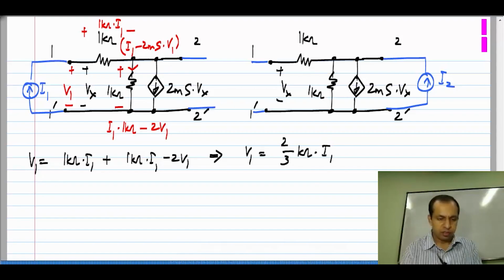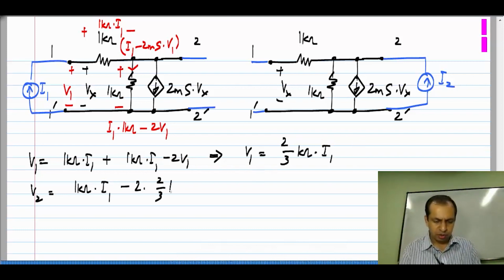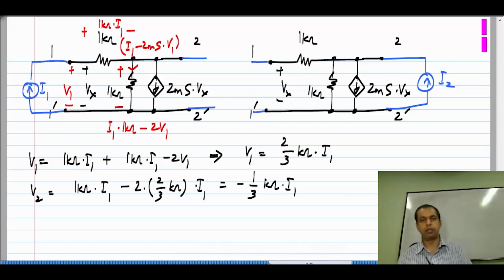and we know that V2 is the voltage drop across this. So, V2 is 1 kilo ohm times I1 minus 2 V1, and V1 we have already calculated. So, it is 2 times 2/3 kilo ohm times I1, which is basically minus 1/3 kilo ohm times I1.